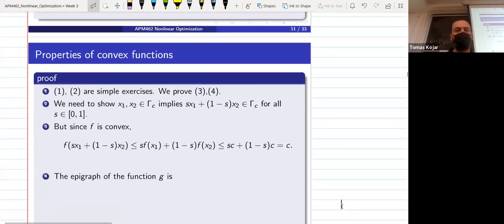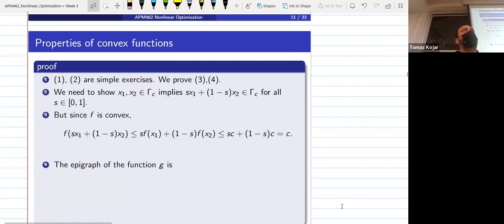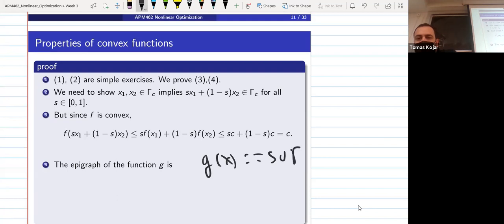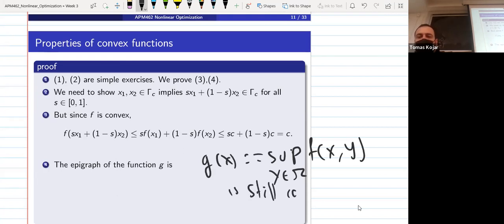Now I'm going to prove the following fact, the one we just talked about, that the function g of x defined as the supremum over a convex set of a doubly convex function is still convex. This is not obvious at all.